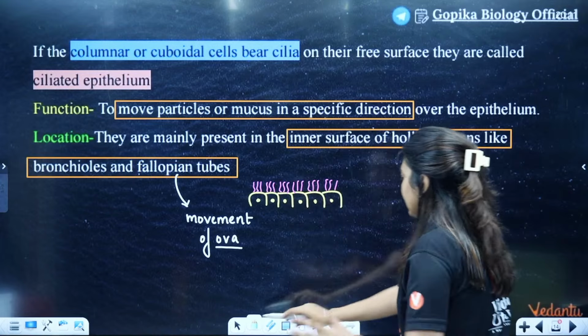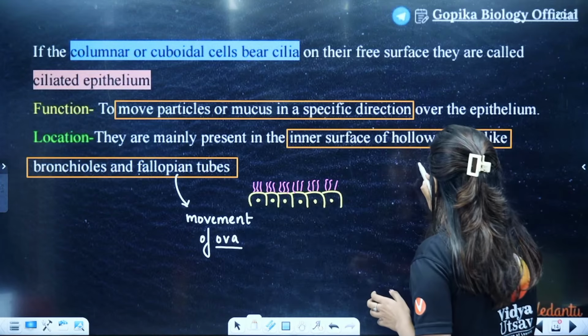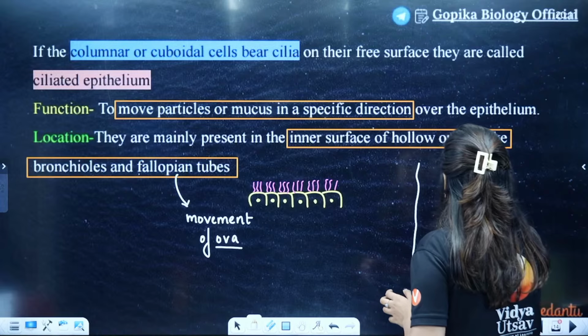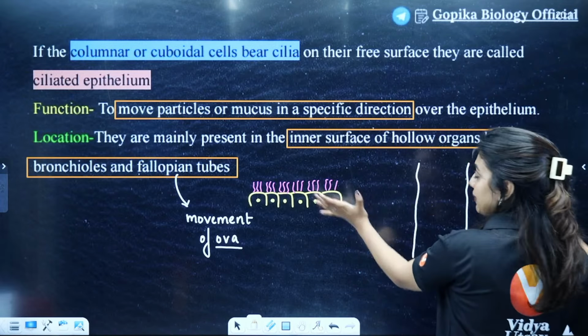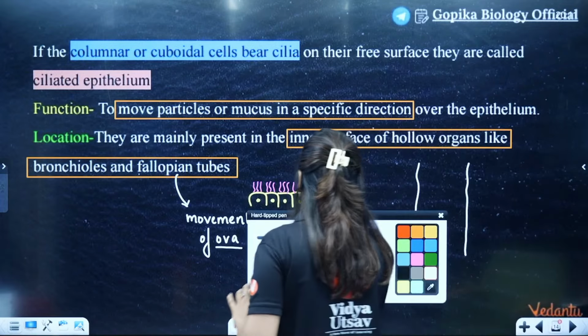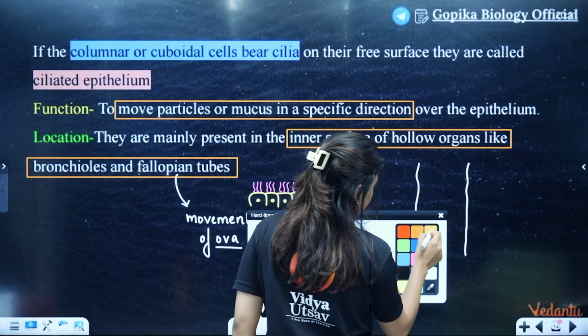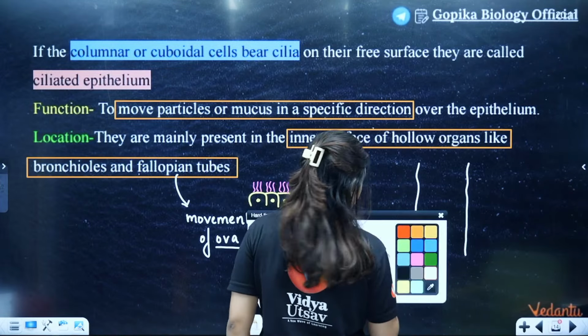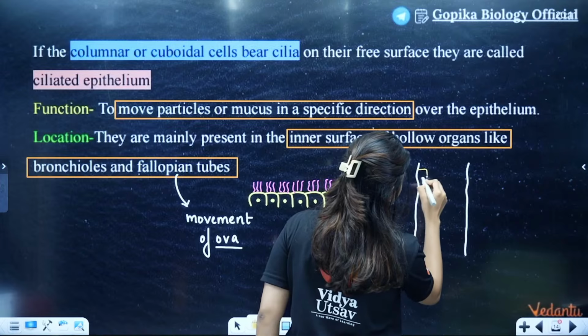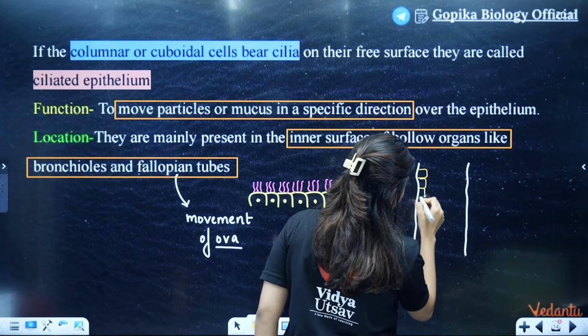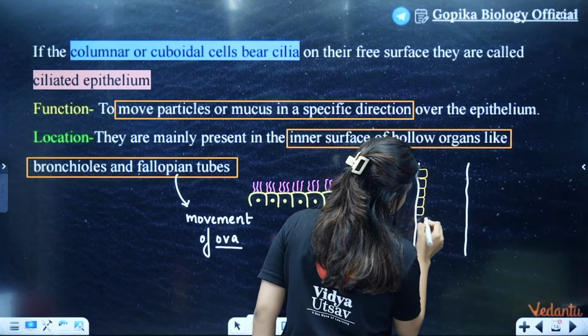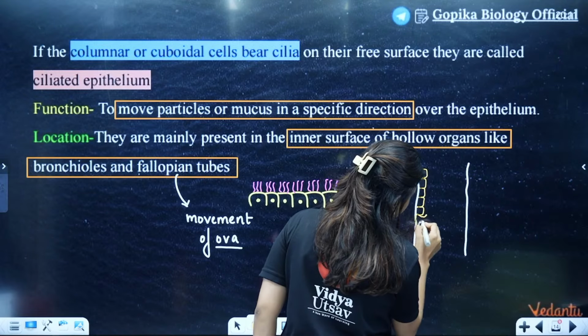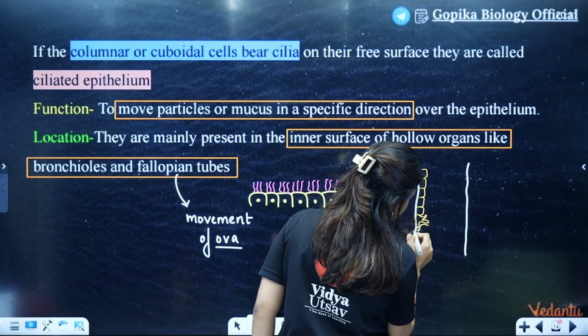See, let's take an example. I'm drawing the tube very enlarged so I can show you people properly. Now students, let's say cilia is present here, in the lining of your bronchioles, like this. And let's say your glandular epithelium also is there.